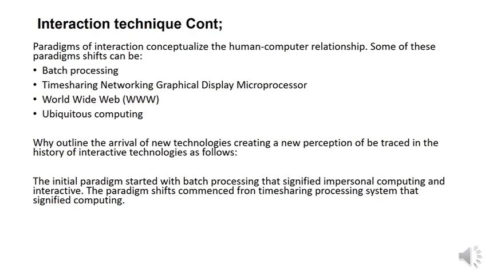While outlining the arrival of new technologies, this creates a new perception of the trace in history of interactive technology as follows. The initial paradigm started with batch processing that signified impersonal computing. The paradigm shift to interactive computing commenced from time-sharing systems.